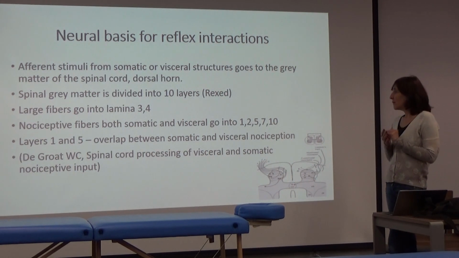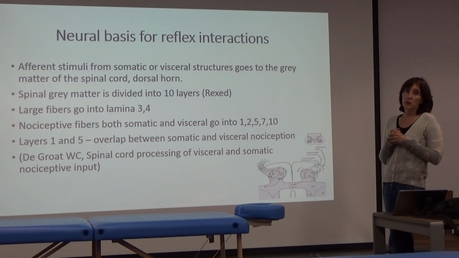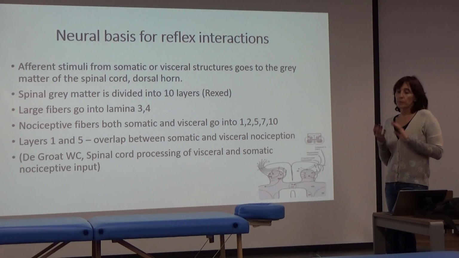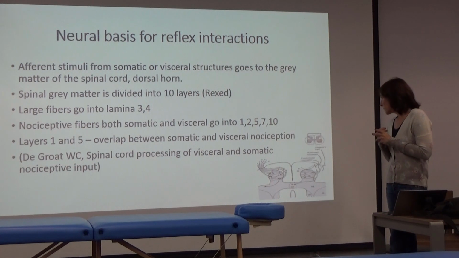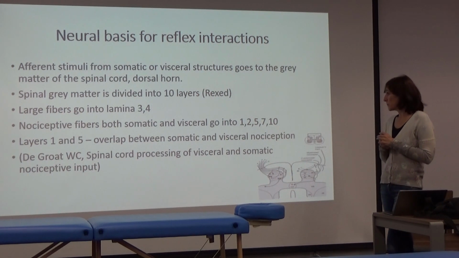In layers 1 and 5, it could be overlap between somatic and visceral nociception. So that's why we very often have problems and altered reflex regulation in somatic and visceral structures.